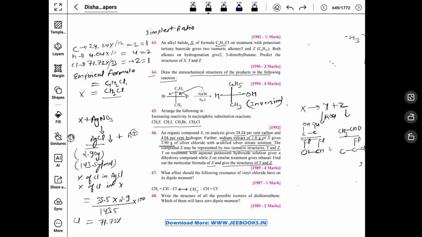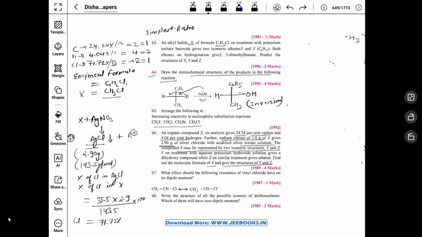This is CH2, CH2, and this is CHCH. Therefore, we can clearly say that this is the structure of Y, and this is the structure of Z. And hence, the molecular formula of X will be C2H4Cl2. This is the molecular formula of X, this is the structure of Y, and this is the structure of Z.